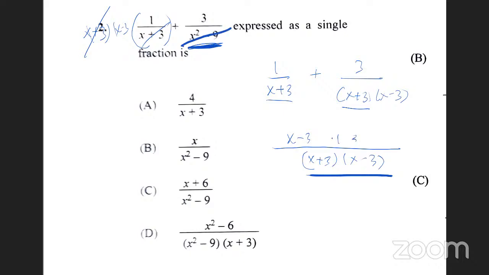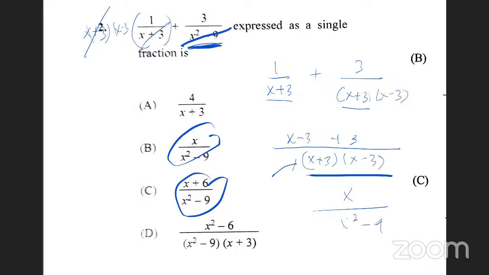And you'll get plus 3 on top. Minus 3 plus 3 is 0, so you'll get x. You will notice that none of these here have the x plus 3 by x minus 3, so you have to write it back like this, x squared minus 9. Then you will see the answer is 4.